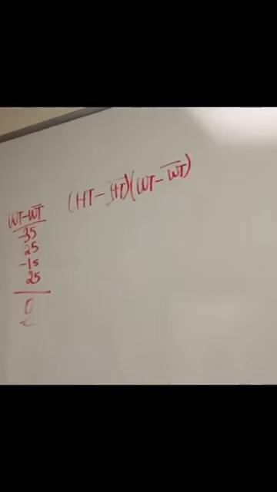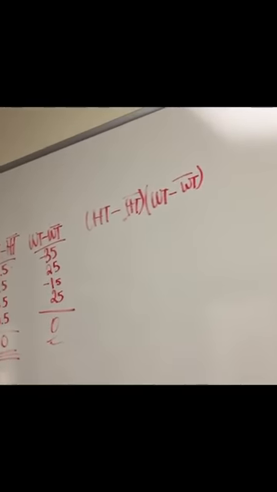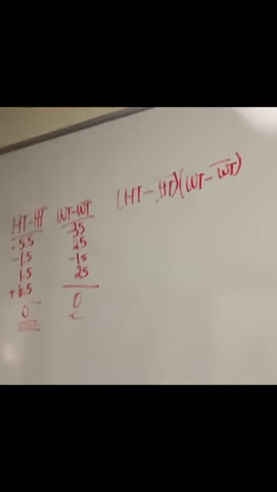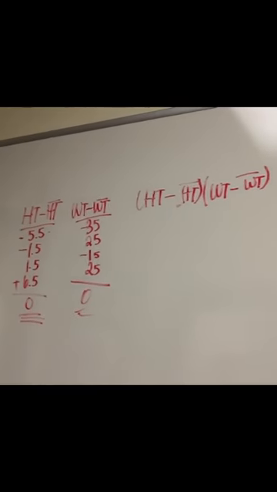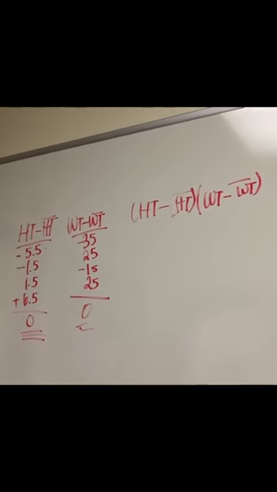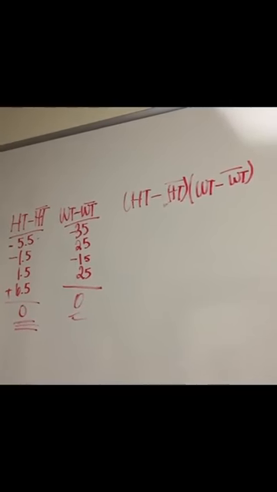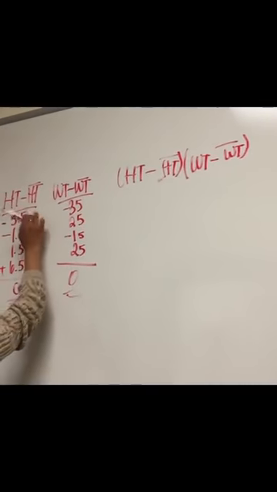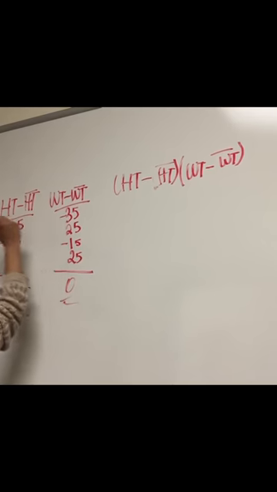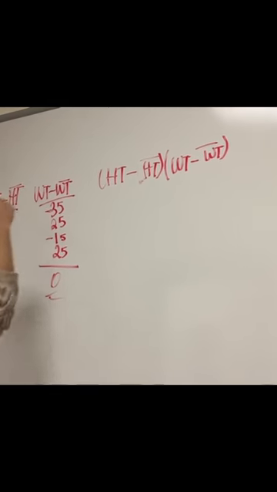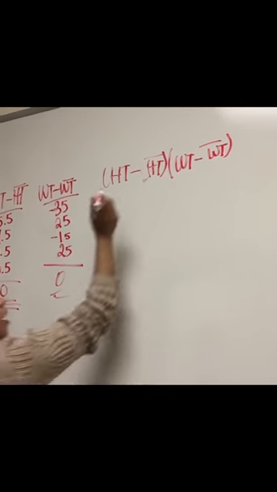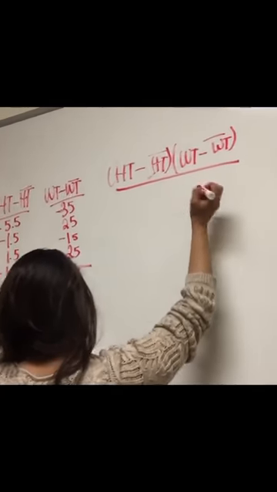I have a question. Yes. So you just multiply the negative 5.5 times negative 35? Yes, you multiply negative 5.5 times negative 35. Two negatives give us a positive, correct? Mm-hmm.